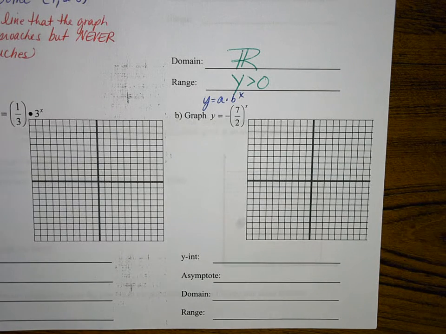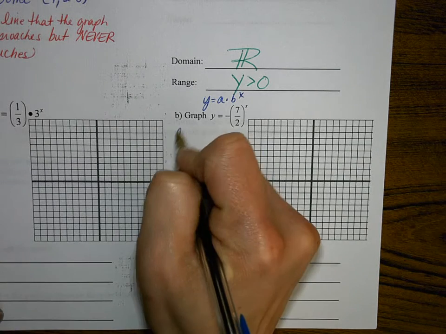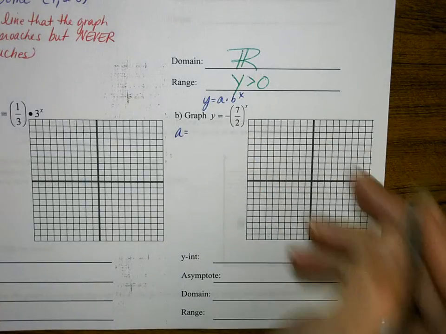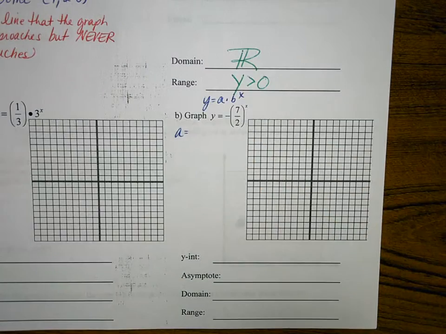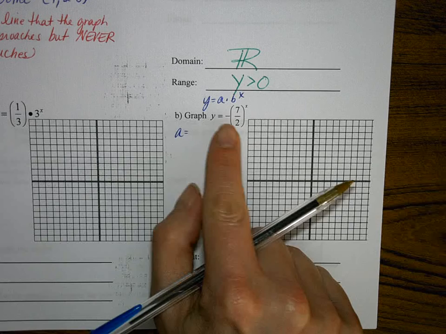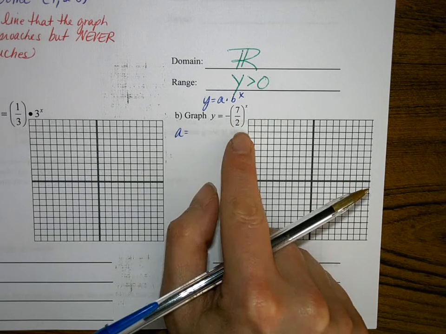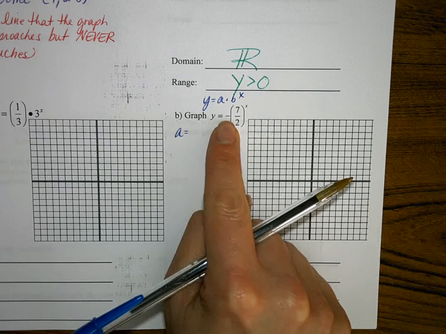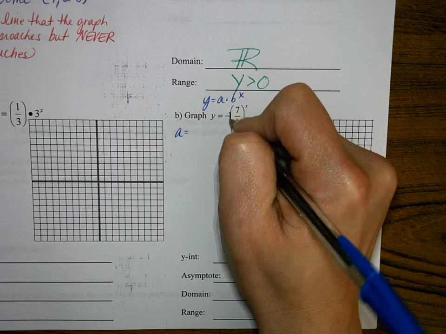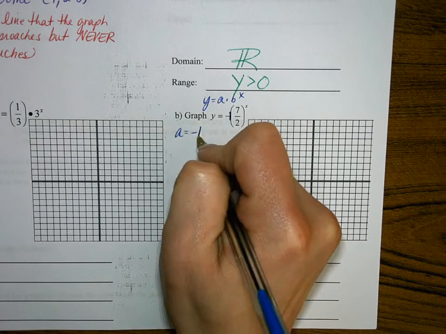All right, Marissa, what is my value for A? Beautiful. It's a tricky one, and that's specifically why I asked to make sure that everybody sees that. Notice that negative is in front of the parentheses. That negative is really what number? -1. So my A value is -1.